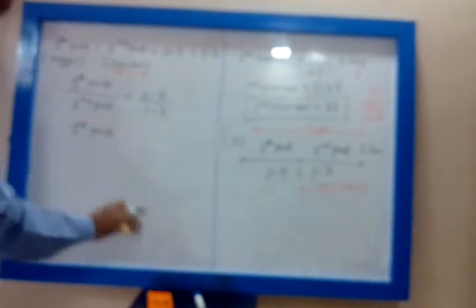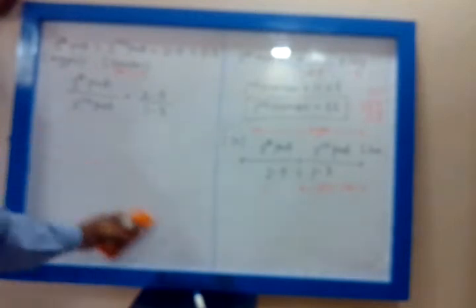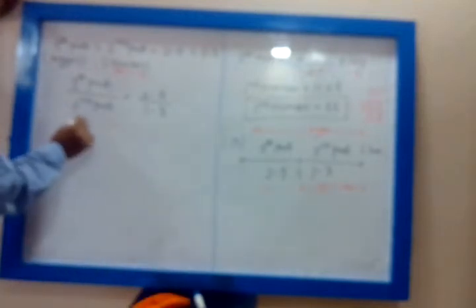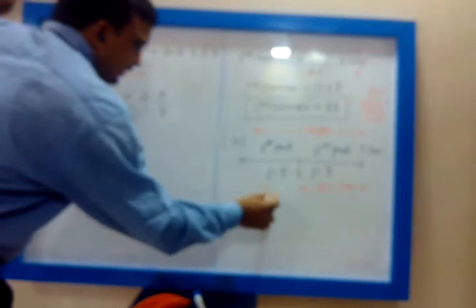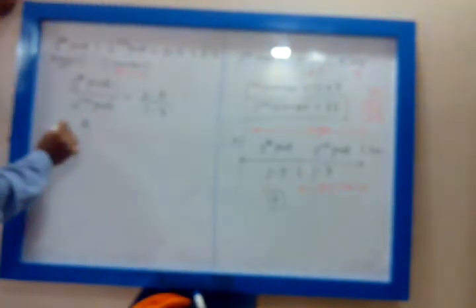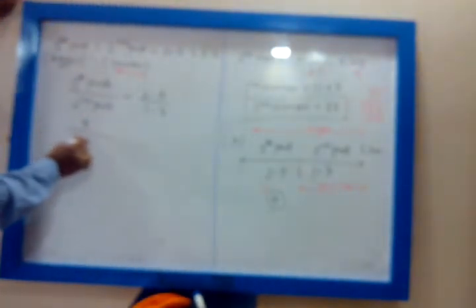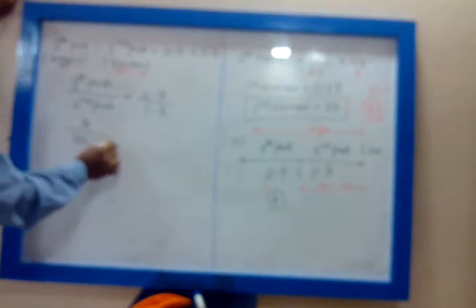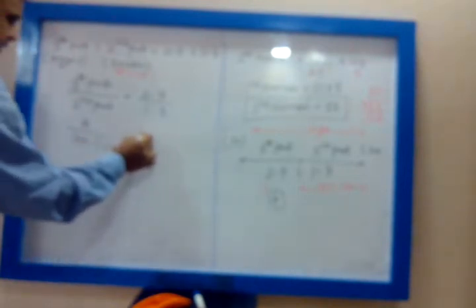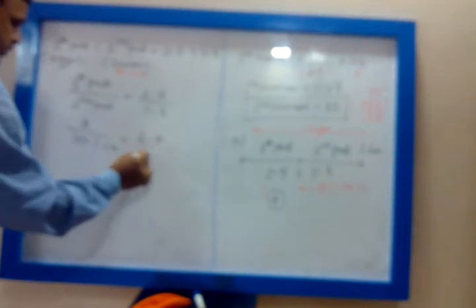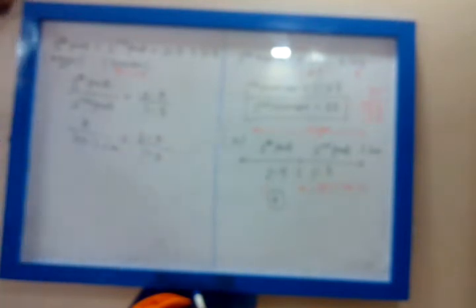First part we write as it is. You can take the first part as x. No problem. x upon the second part, which is given as 35.1 centimeter, is equal to 2.5 upon 1.3. Now what will you do?